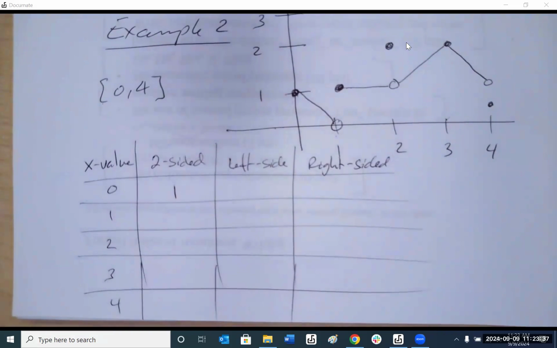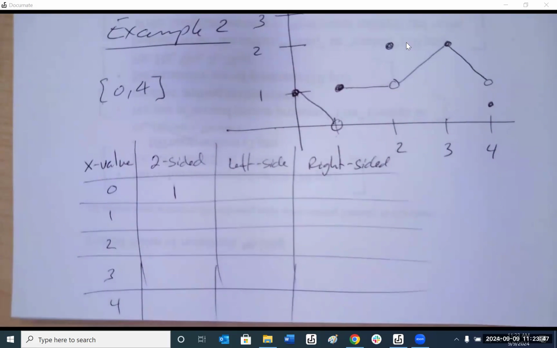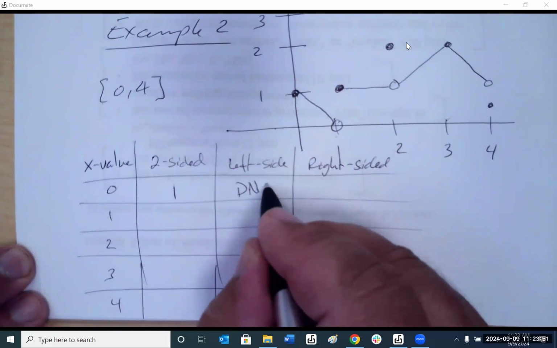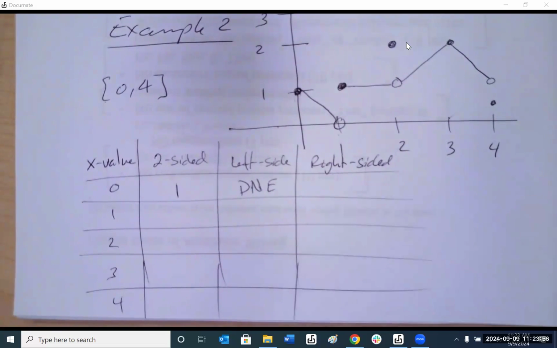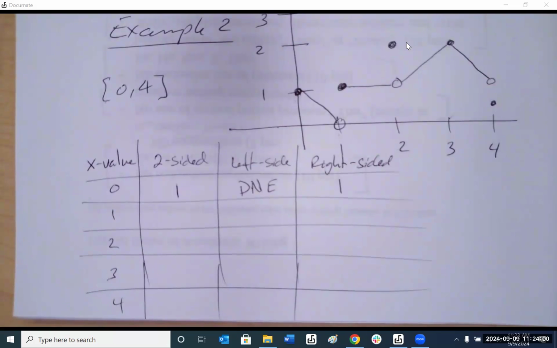So this value is 1. Endpoints are the tricky ones. How about the left side? Does not exist, because you can't get to it from the left. How about the right side? Yeah, it approaches 1.